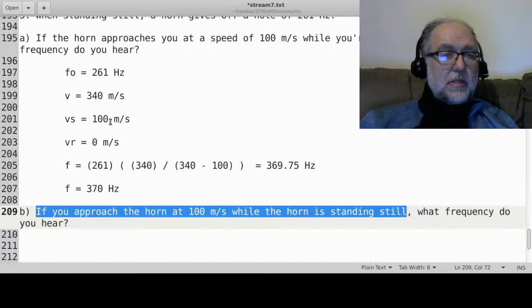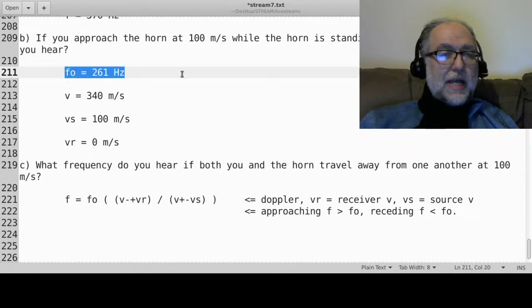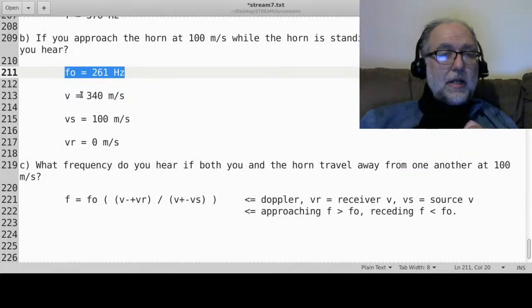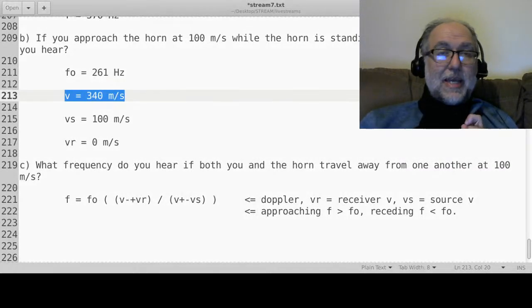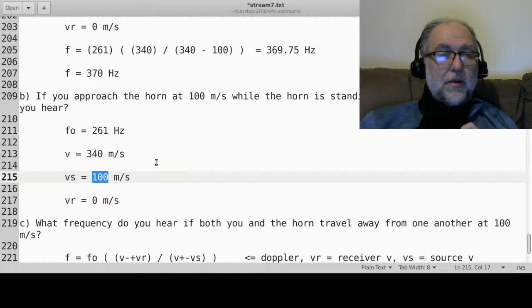Out of these numbers, that stays the same, because that's just the frequency the horn emits when it's standing still, the base frequency. This one stays the same because it is the speed of sound, 340 meters per second in air.